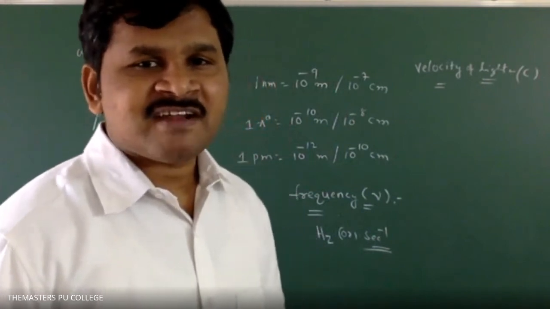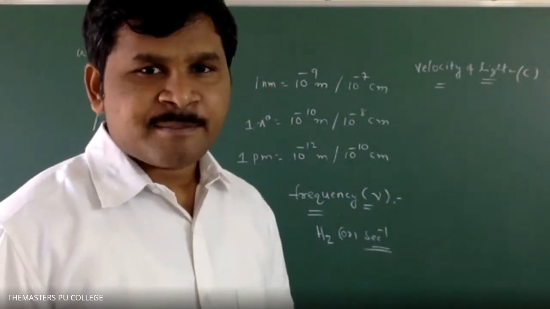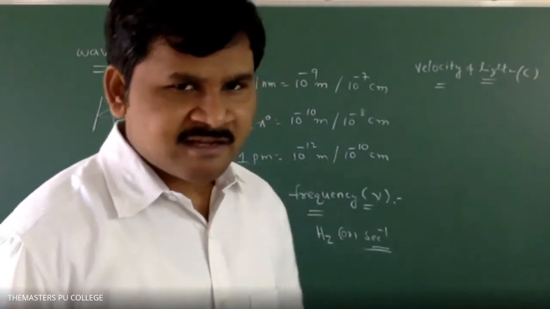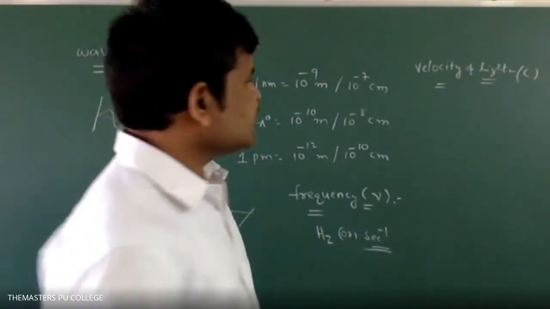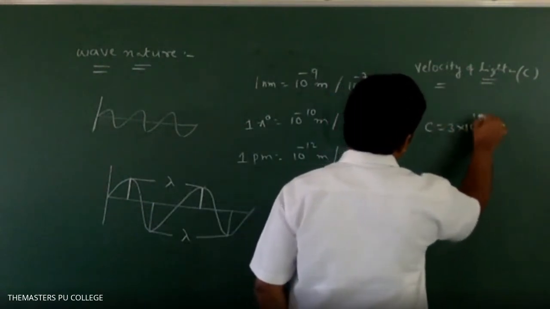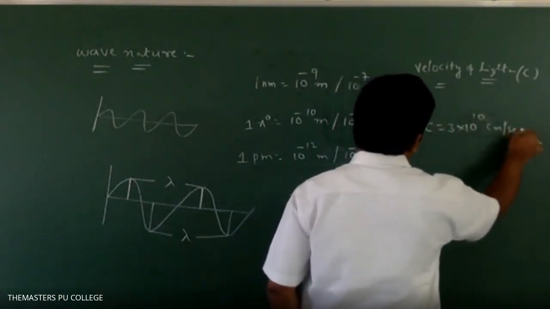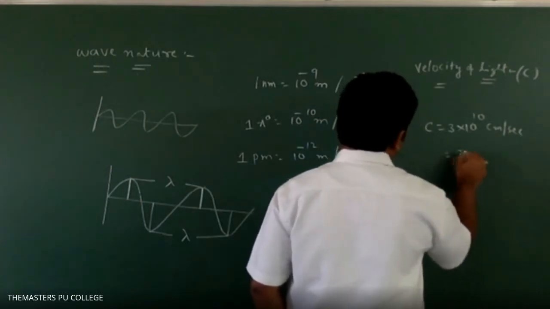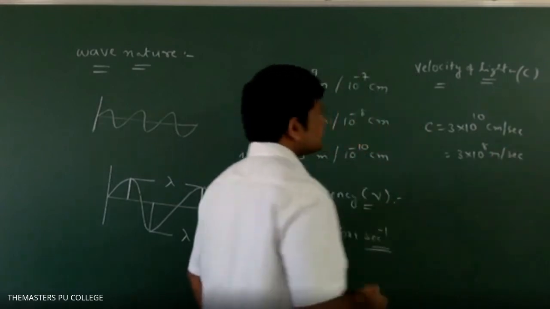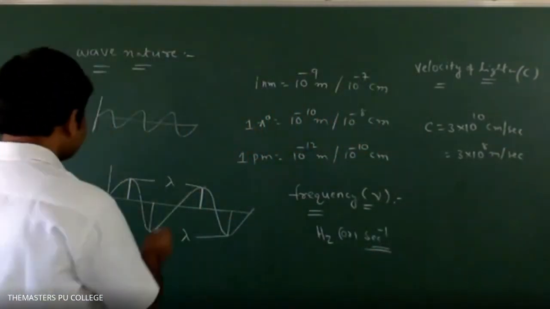Velocity of light units are meter per second or centimeter per second. C is equal to 3 into 10 power 10 centimeter per second or 3 into 10 power 8 meter per second. So this is the third property.